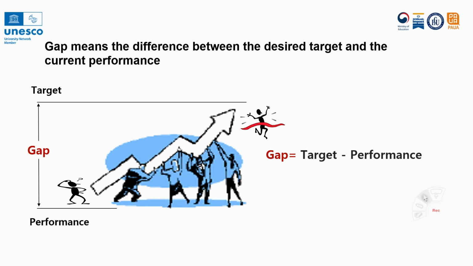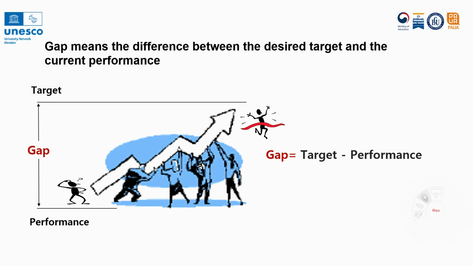So as I have explained before, gap means simply the difference between the desired target and the current performance. The reason why we set the strategy is to achieve the desired target.